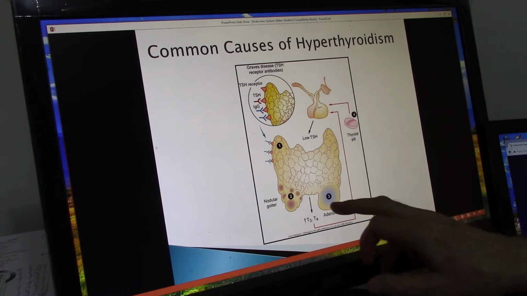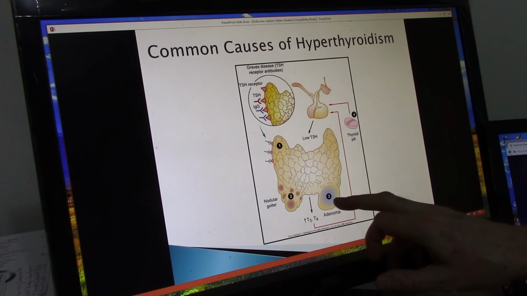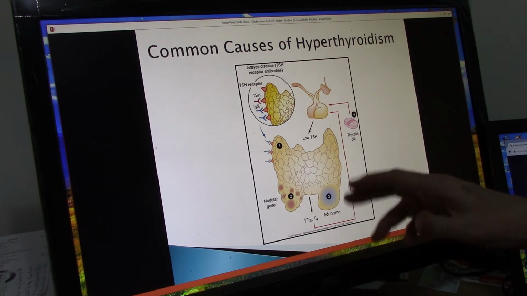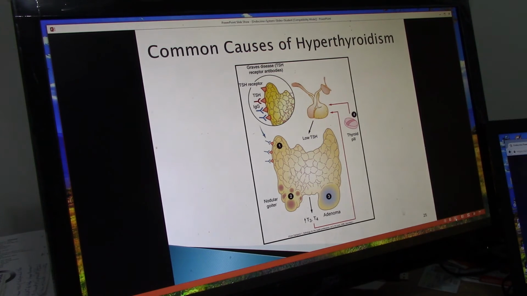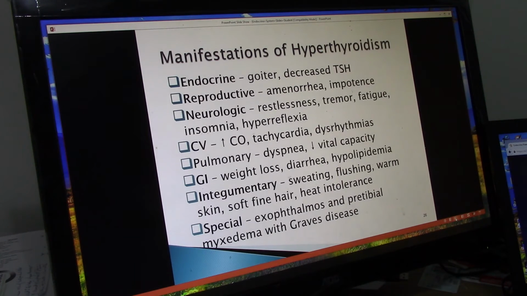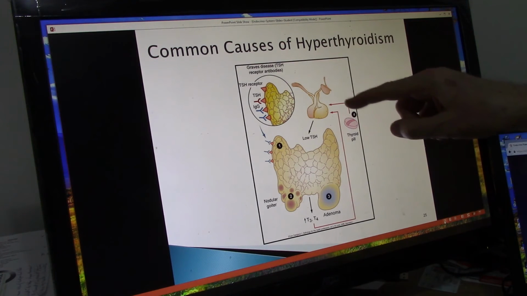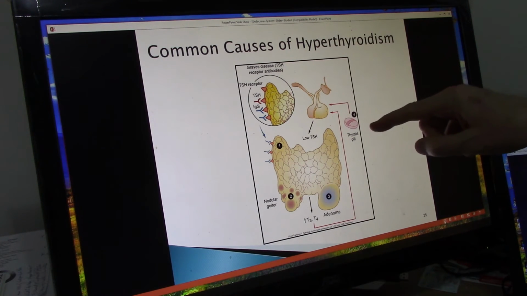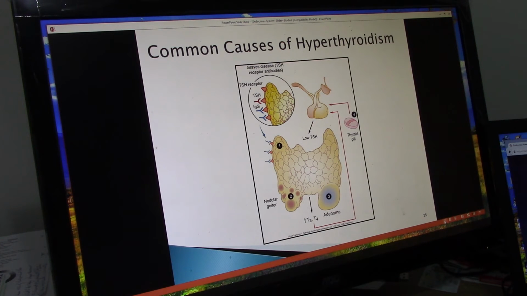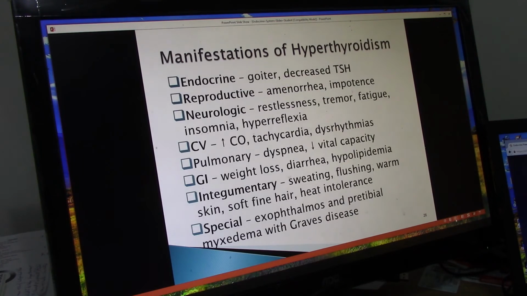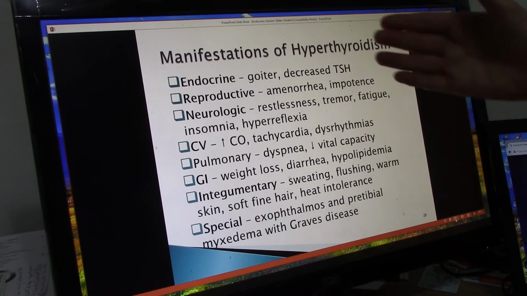Or you could actually have a primary cancer of the thyroid, either benign or malignant. Okay. Now, something else that can cause hyperthyroidism is giving too much thyroid pills. If you give too much, you can actually plunge the patient into a hyper state.